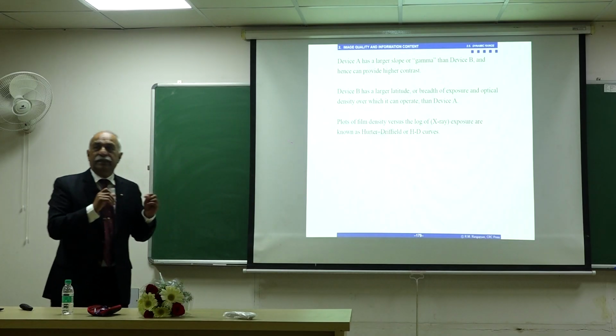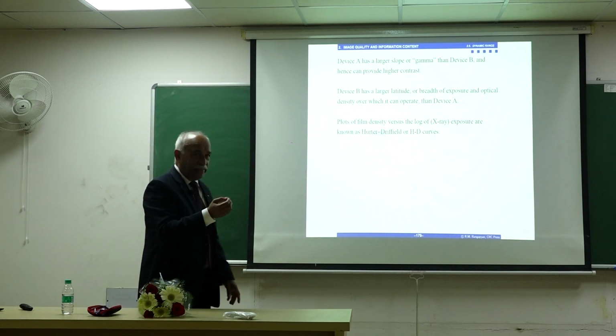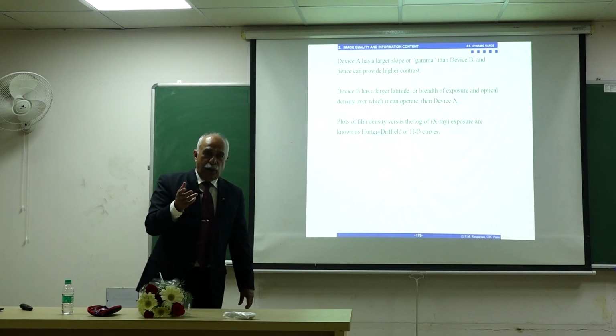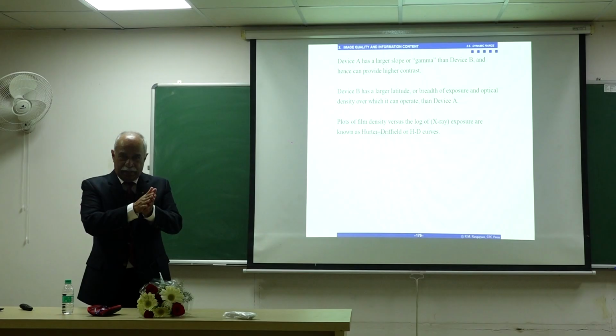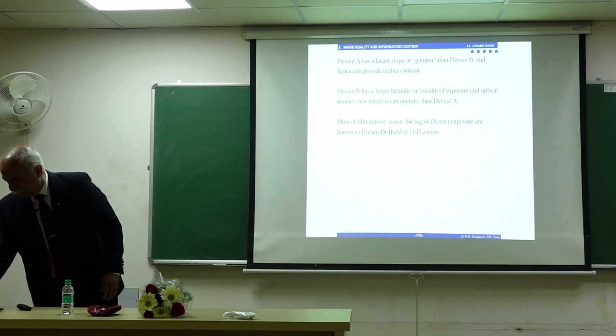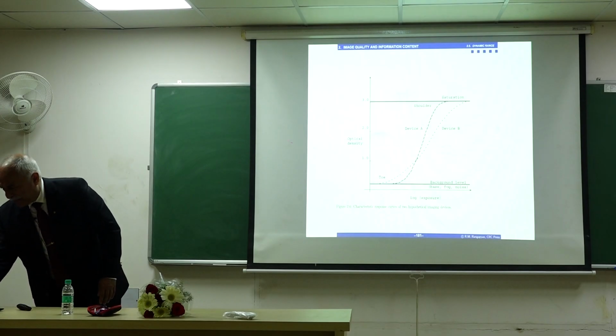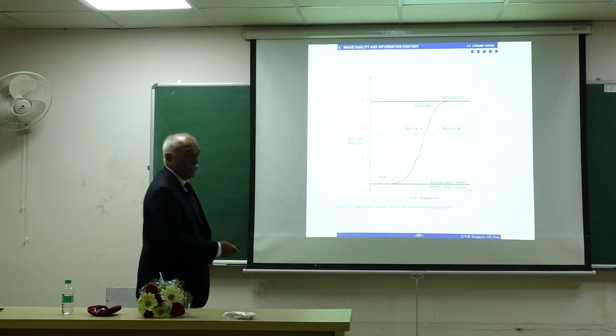And that's an important characteristic of the device you're using to acquire the image, or the device or object you're using to print or make a copy. I'll go to that plot here and explain. So this is known as the HD curve.